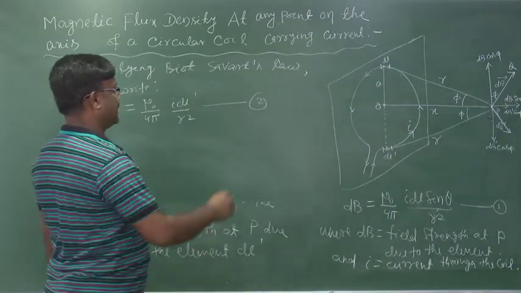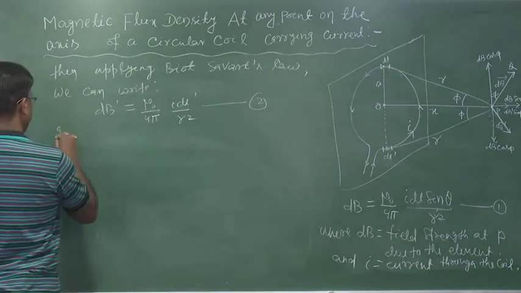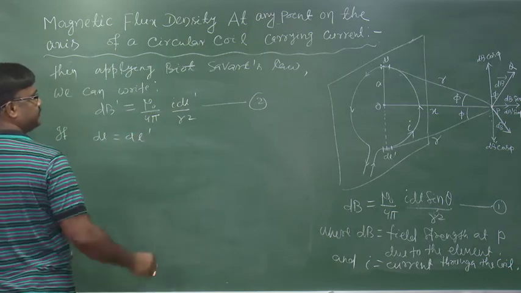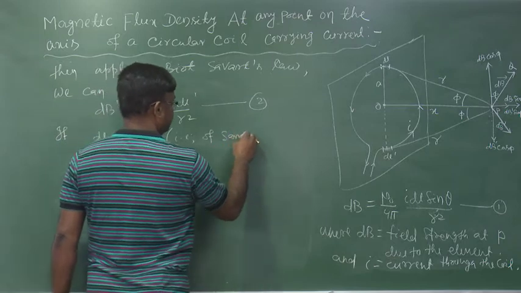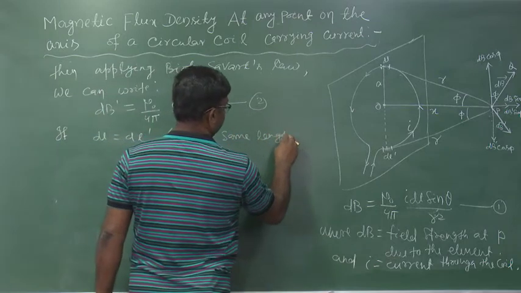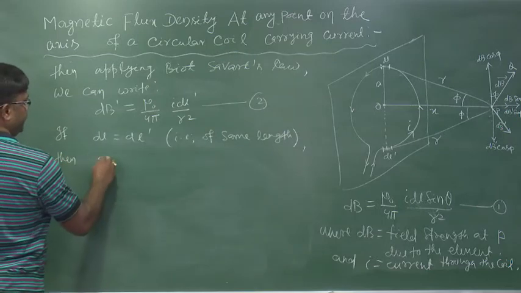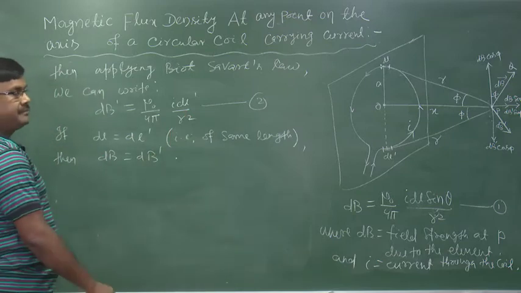So let us write, if dl equal to dl dash, that is of same length, then dB will be equal to dB dash.